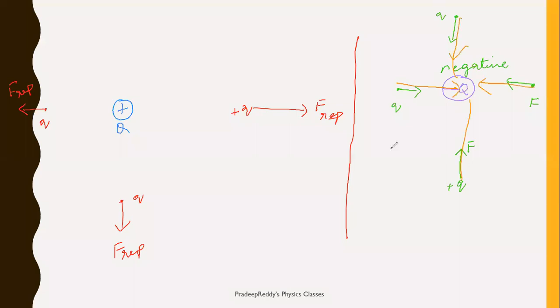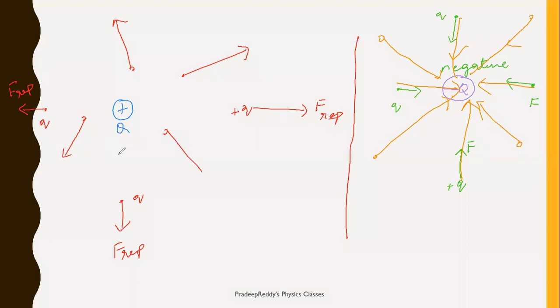Test charge, you can place a charge over here, you can place a charge over here, you can place a charge over here, you can place a charge over here. All these arrow marks indicate that the given charge is negative and the test charge is dragged towards that negative charge. Similarly, if it is a positive charge, there is a repulsive force, and that repulsive force is outward.